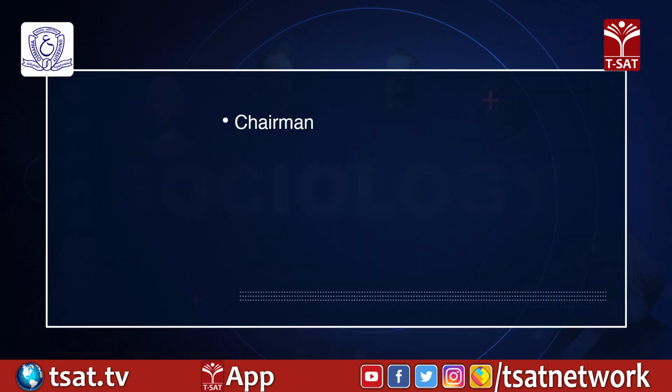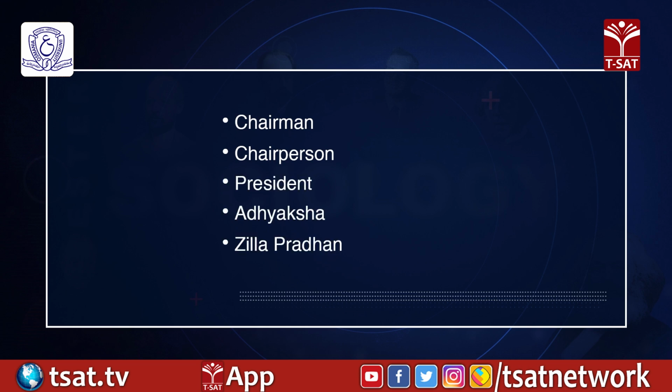The variation among the states exists about the designation of its head or presiding officer too. He is called chairman or chairperson in some states and president or adhyaksha or Jilla Pradhan or Pramukh in others.